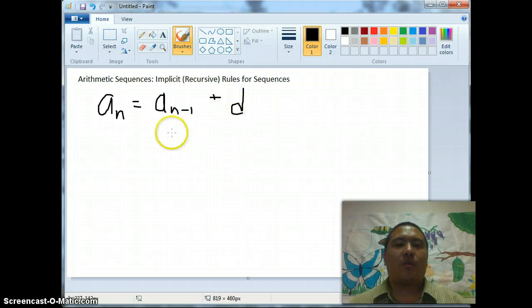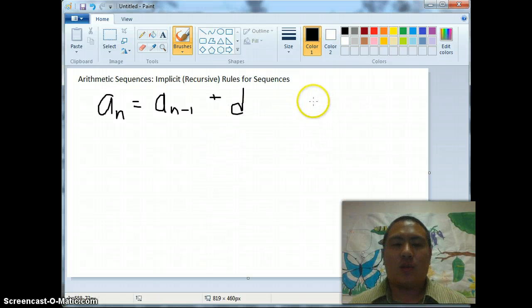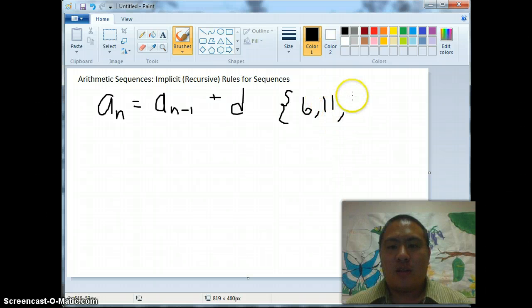Okay, so implicit or recursive is a different way of writing arithmetic sequences in a rule. So it's not explicit, instead it's implicit. Let me go ahead and use that same sequence I used a few minutes ago in the previous video, and I think it was 6, 11, 16, 21, 26, and on.